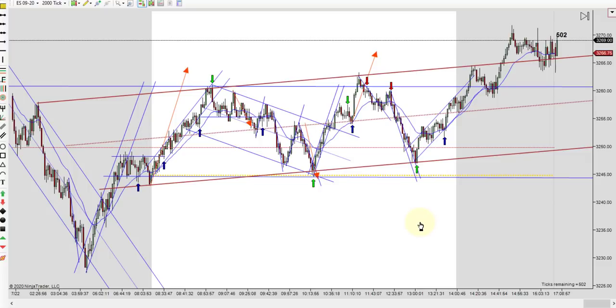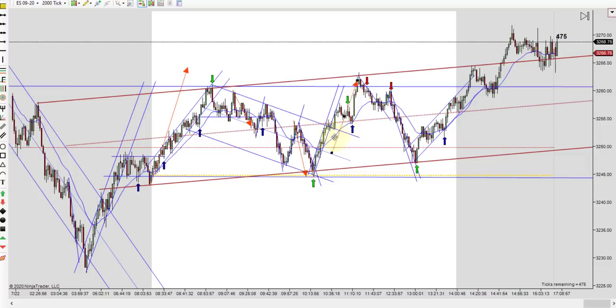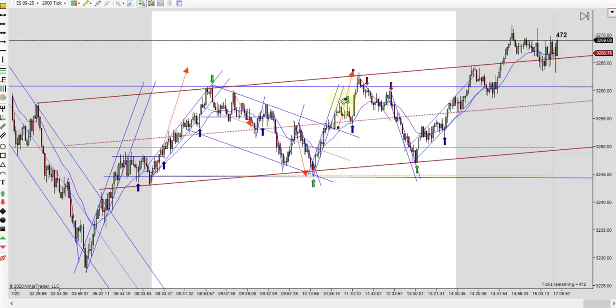But just trying to think if there's anything else. Measured move. Look for that measured move. Measured move up. You don't quite make it. You might have measured this one like this too. And that gives you a perfect measured move, actually.